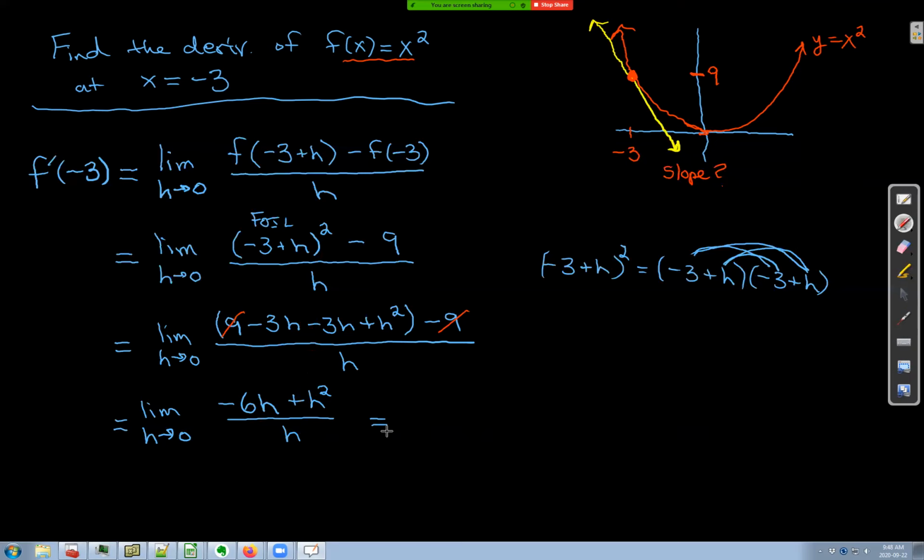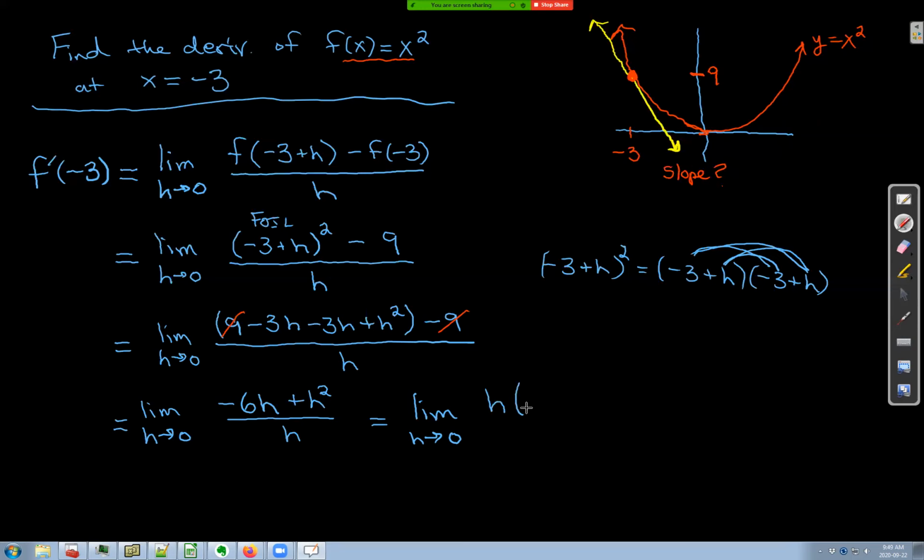The answer is, can you plug in the limit number and not get 0 over 0? If you plug in the limit number and you get 0 over 0, then that means there's more simplification to do. And if I think about it a little bit, I can see that, oh yeah, I can factor out an h in the numerator.